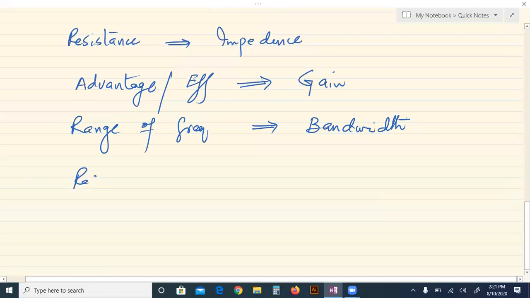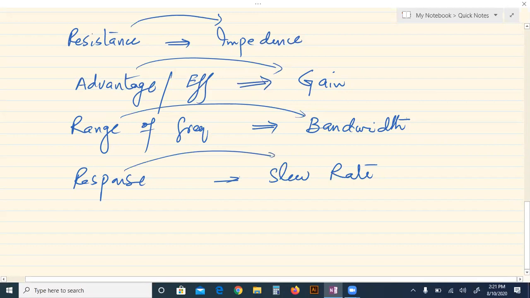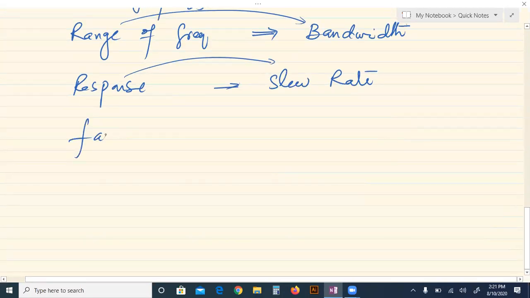And response is called slew rate. So we have to remember: resistance is impedance, advantage is gain, meaning the efficiency, the range of the frequency is called the bandwidth, response is called slew rate, and the fault or the faulty instrument is known as saturated.